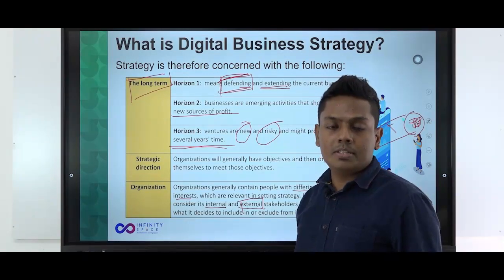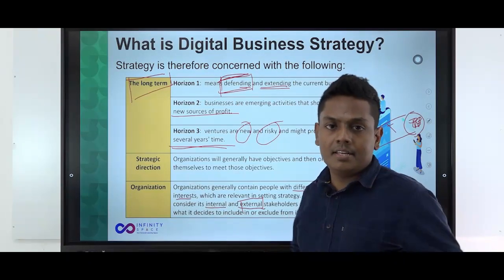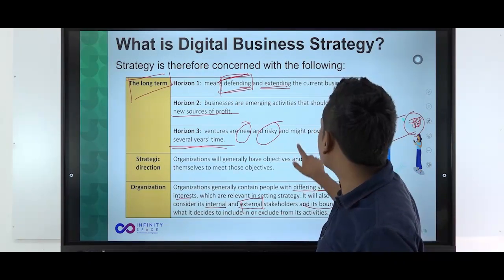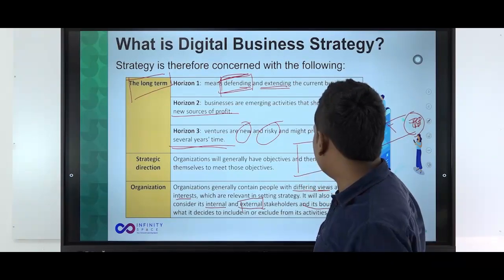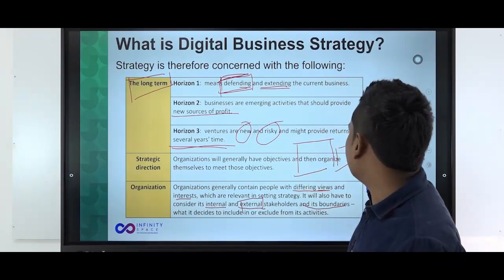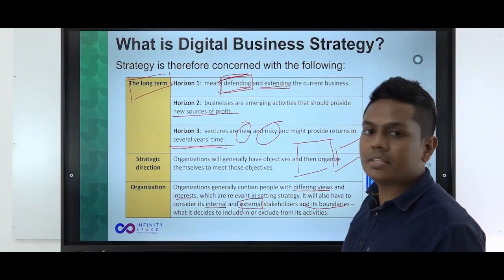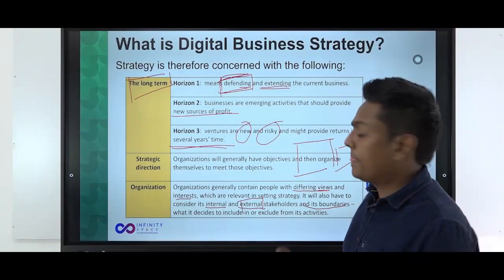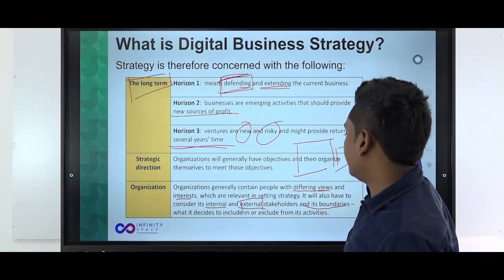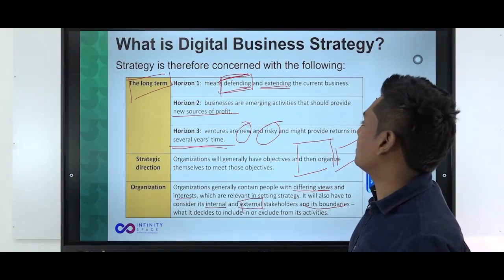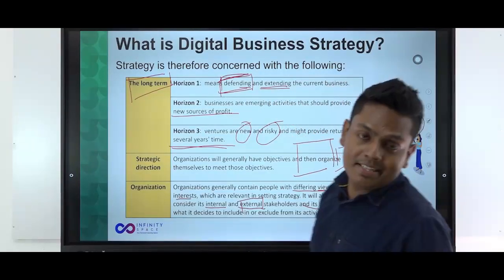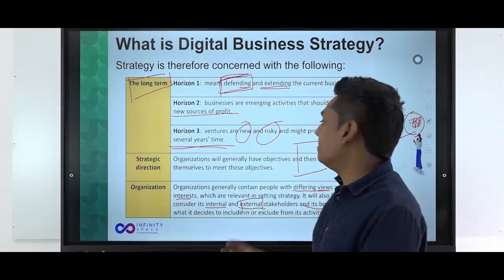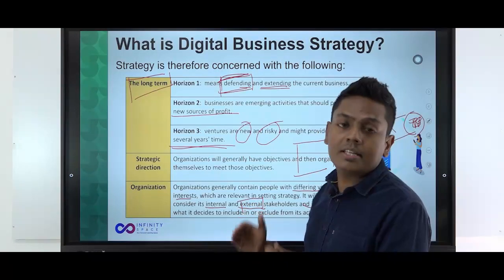The management should decide and set their framework, and they need to understand, outside of this box, what they need to include and what they need to exclude. So that is how you set your organizational understanding in terms of strategy. These are the concerns that need to be discussed and understood before or while they are making decisions.